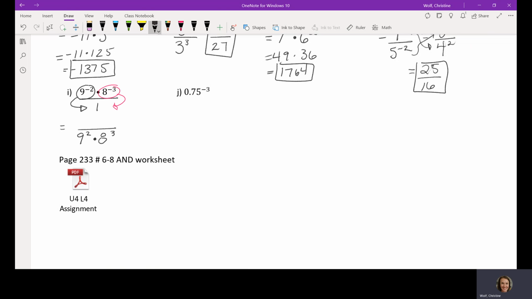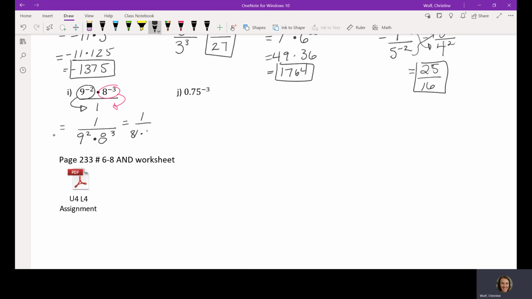So this is a case where we have removed everything from the top. There's nothing left up top anymore. That's where you have to put the placeholder of a 1. So it's going to be 81 times 8 cubed. Again, I just got to pull out my calculator here. Okay, so just a reminder, 8 cubed is not 8 times 3.